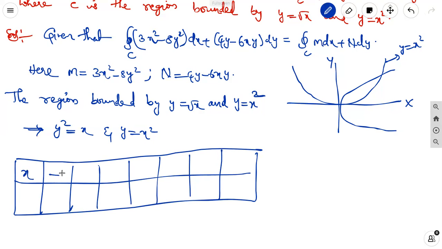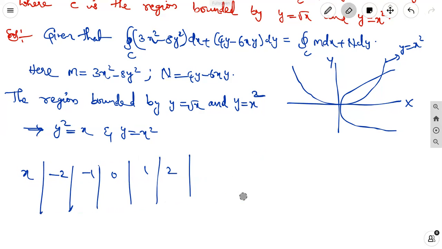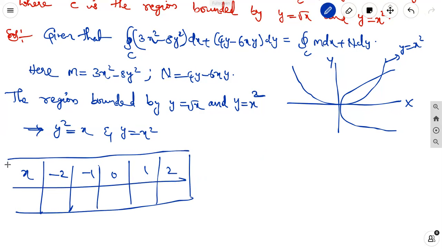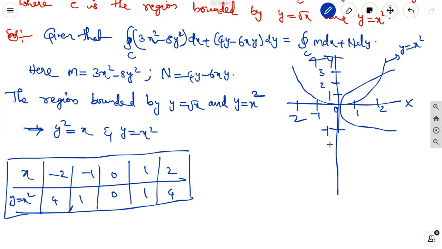Here x values are −2, −1, 0, 1, 2, and y = x² gives 4, 1, 0, 1, 4. Marking the axes as 1, 2, 3, 4 and −1, −2, −3, −4.